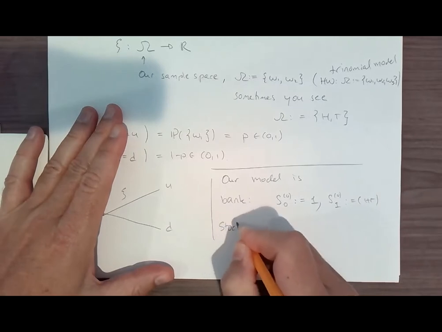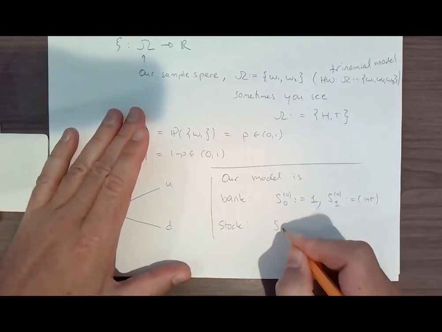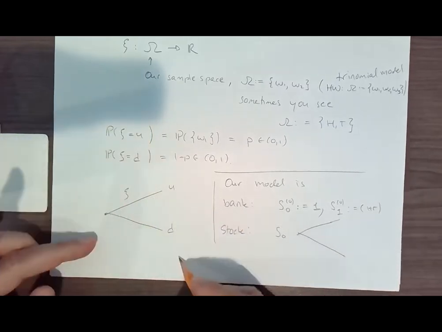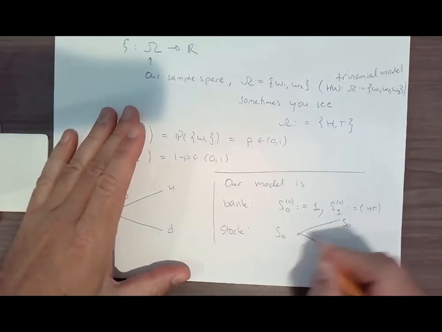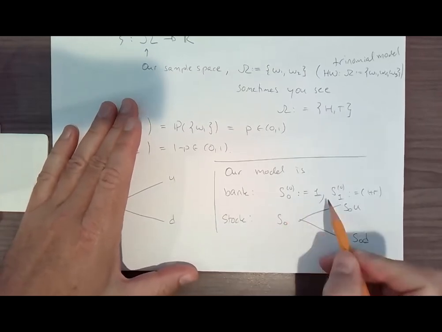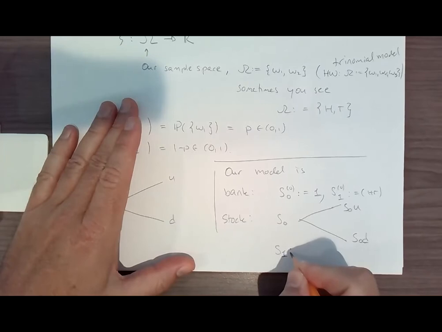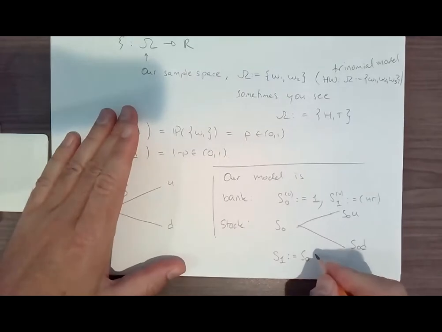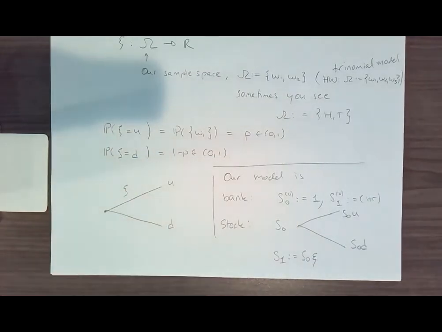And then you'll have the stock. The stock price starts out being S0, and then it branches. It either goes up or down: if it goes up, it goes from S0 to S0 times u, and down to S0 times d. So our S0 is an initial constant, and our S1 is S0 times the random variable psi. This here is random.